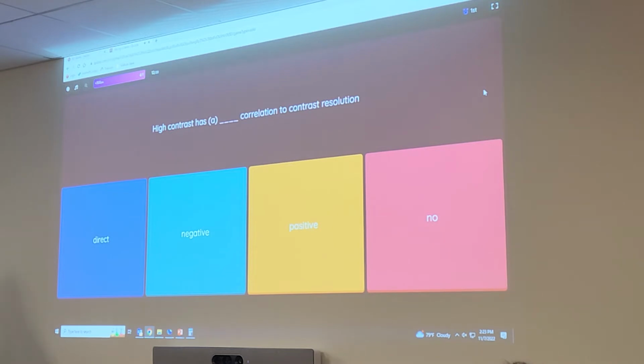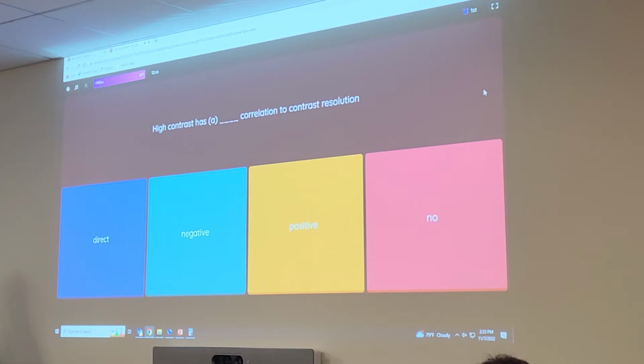So what does high contrast mean? It's more white and black, right? Completely black and completely white is high contrast. Low contrast is some shades mixed in with blacks and whites, right? So if it's high contrast, if it's just black and white, those are the only two colors.